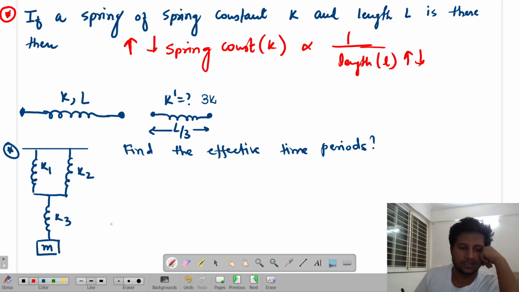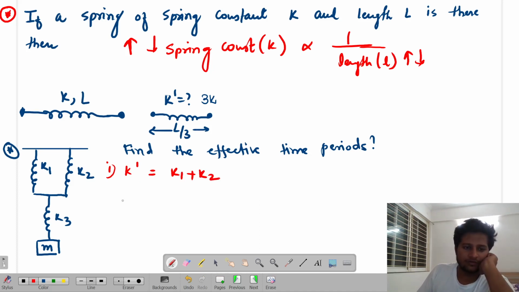Okay, let us solve. In the first case, K1 and K2 are in parallel connection, isn't it? So the effective K in parallel, let us call this K dash, will be K1 plus K2. Now for the total effective, 1 by K effective: whatever is coming as parallel is in series with K3.